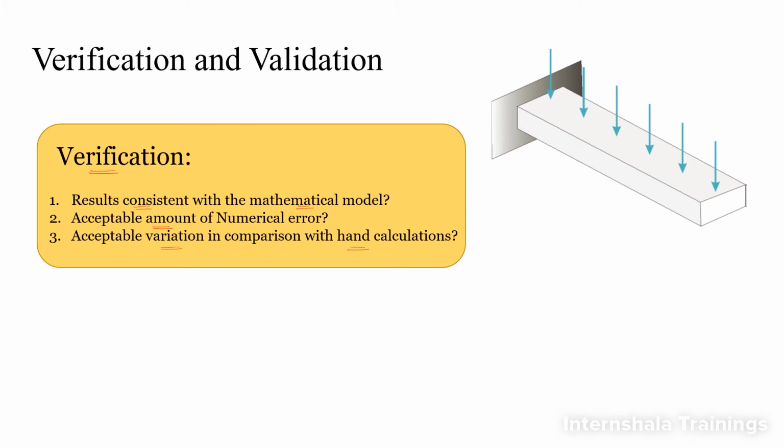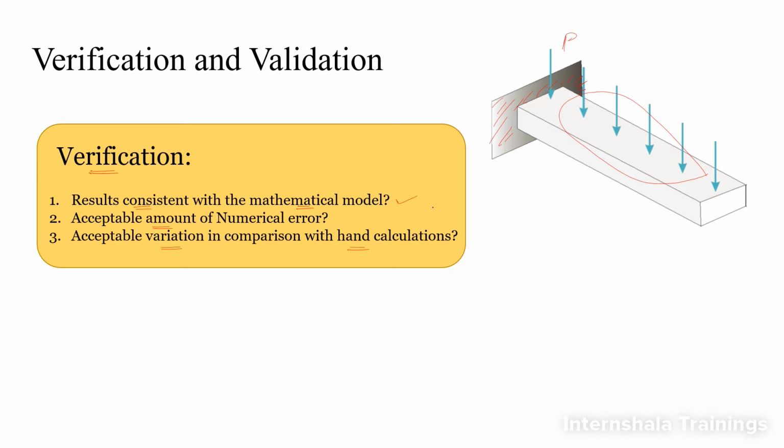To easily understand these three steps, we will take a simple example of a cantilever beam. Suppose there is a cantilever beam with a fixed condition here, and I am applying a force of P throughout the entire top surface of this cantilever beam. Let us see whether the results are consistent with the mathematical model.